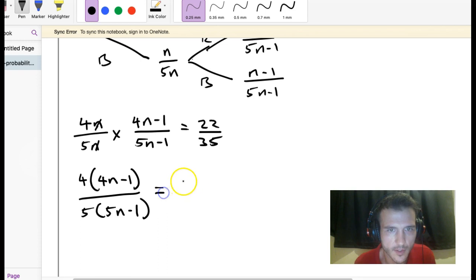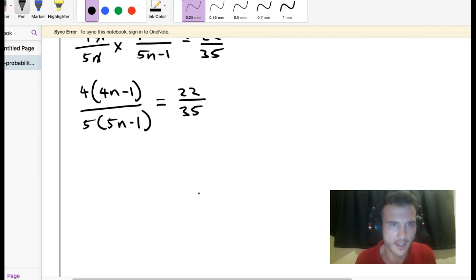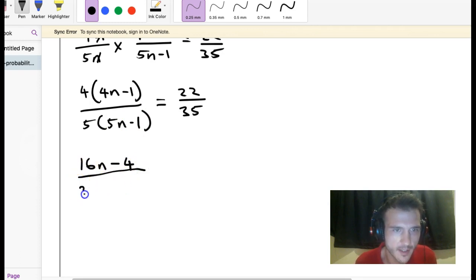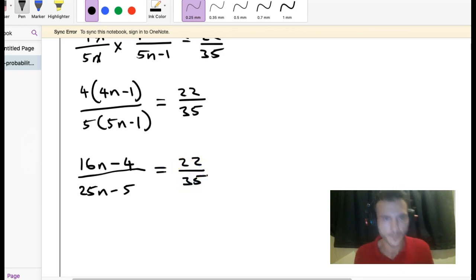And it equals 22/35. Expand out: 4 times 4n is 16n, 4 times minus 1 is minus 4, over 5 times 5n is 25n, 5 times minus 1 is minus 5, and it equals 22/35.